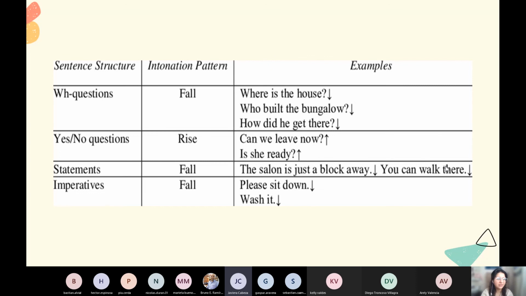I know this was a lot of information for you to remember, but like I already said, trust me, once we practice this in more detail and we listen to native speakers or even the other teachers speaking, you are going to notice when they are using the different tones and the different patterns of intonation.